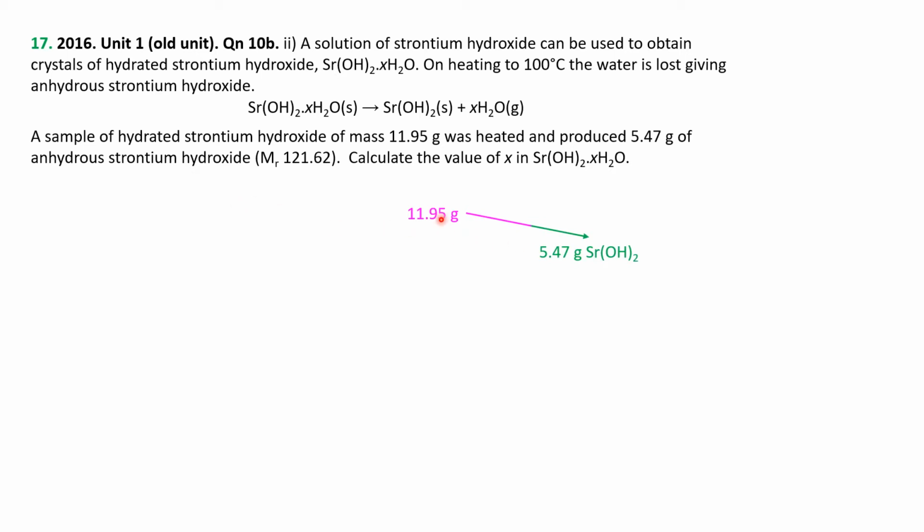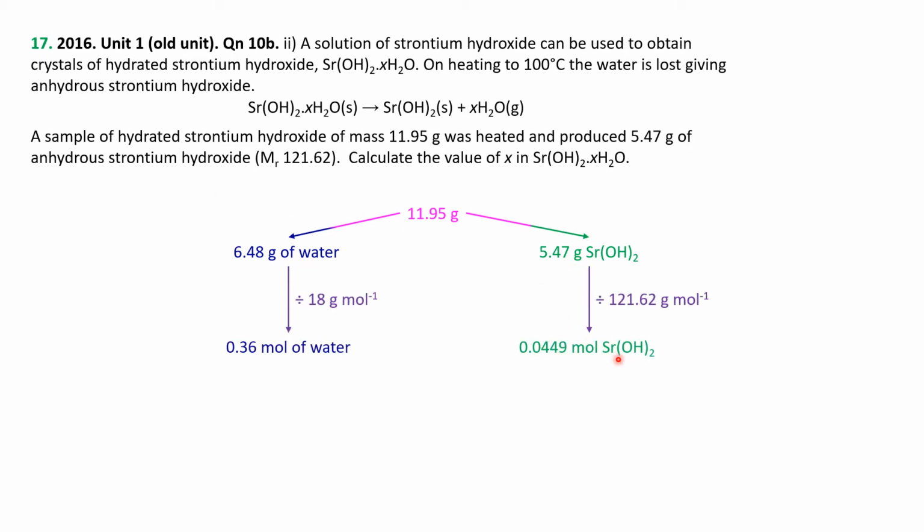Well, the difference is water, 11.95 minus 5.47 is equal to 6.48, and that's the water. Again, got the relative grams, divide by the molar masses, and we get 0.0449 moles of strontium hydroxide to 0.36 moles of water. Divide by the smaller number, 0.0449, and that gives us 8. So X in this case is equal to 8.